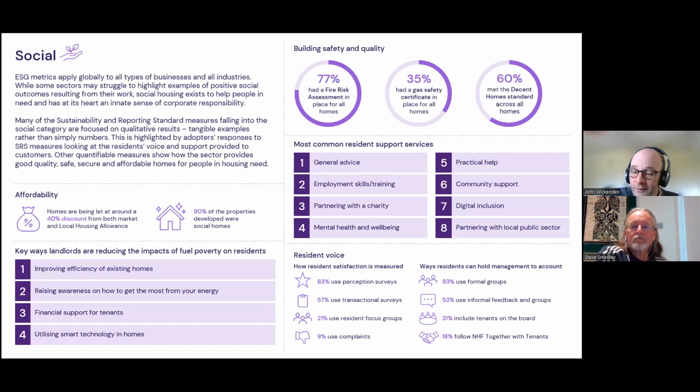So transactional surveys still have their place, but perception surveys will end up being used, I guess, by 100% of English landlords taking part in this exercise. Then it also asks questions about focus groups and using complaints. So if you look at the English Housing Ombudsman Complaint Handling Code, there's a strong emphasis on actually learning from complaints in there.